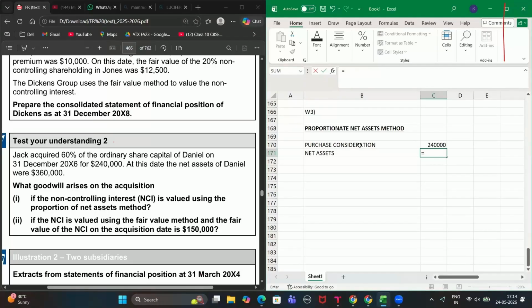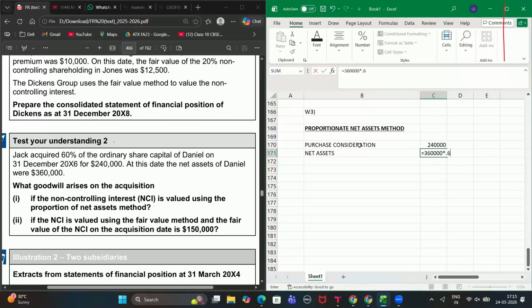So how much of the net assets are we accountable for? 60 percent, right? What is the total net assets of Daniel? Total net assets is 360,000. How much do we own? We own 60 percent, right?